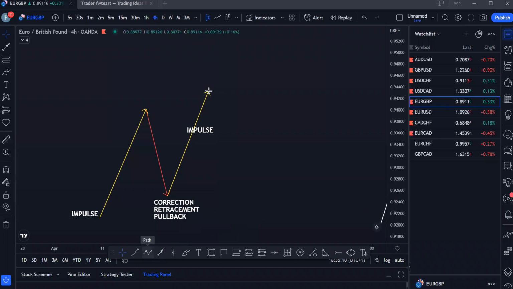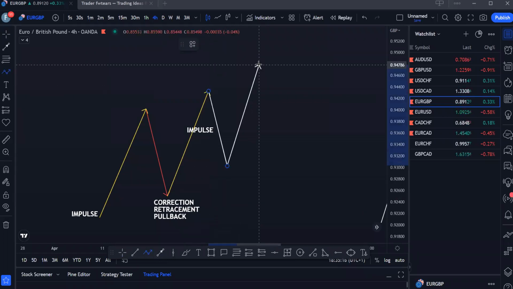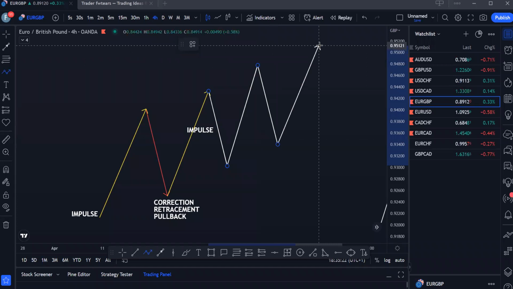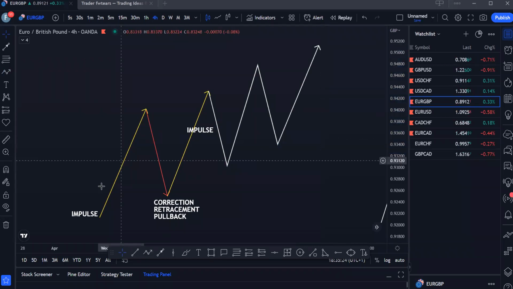We'll see another correction, then another impulse. We'll see another correction, like so, another impulse. Okay. So this is what makes up a trend. A trend is a combination of impulse moves, corrections, and another impulse, like so. All right. So this is how you identify a trend.